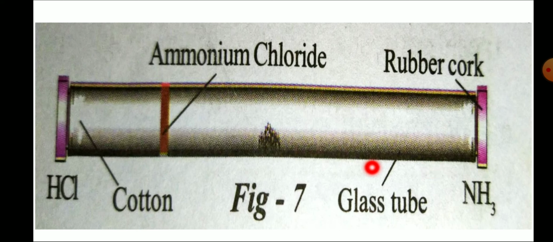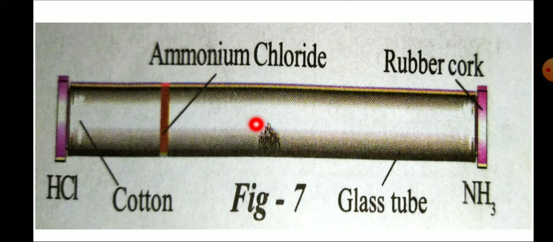Usually we know that in the laboratory HCl is volatile in nature, meaning evaporation takes place. HCl itself evaporates, and ammonia is a highly evaporating liquid. So when we keep the two cotton pieces at both ends, from this side ammonia gas is released and starts to travel.